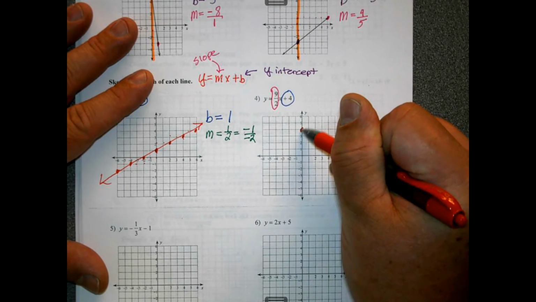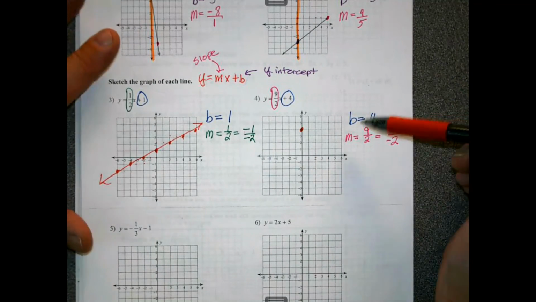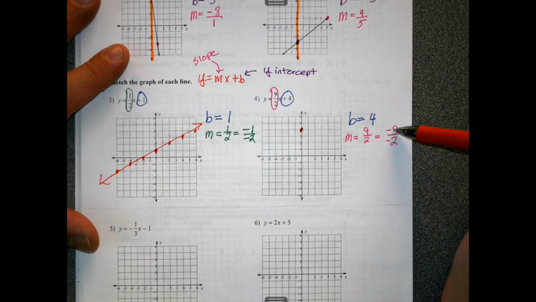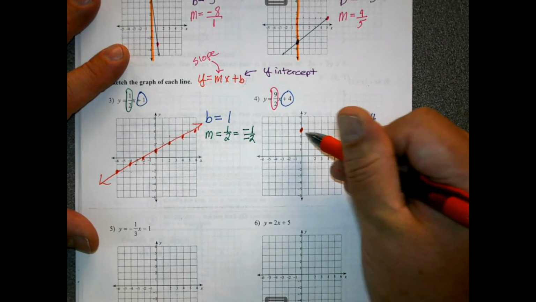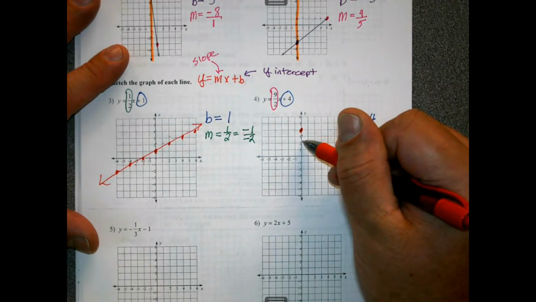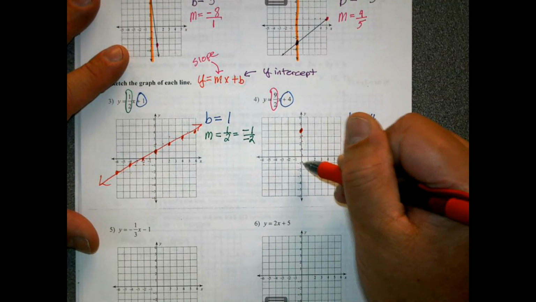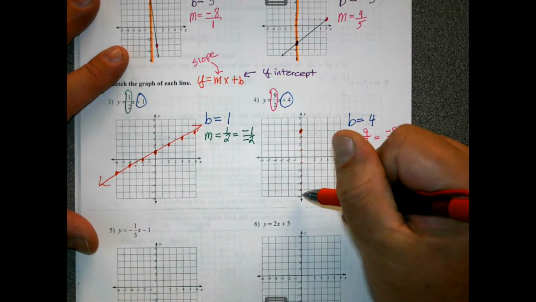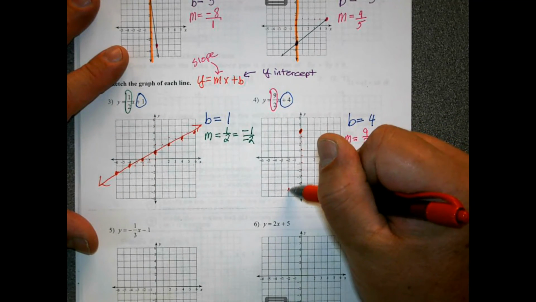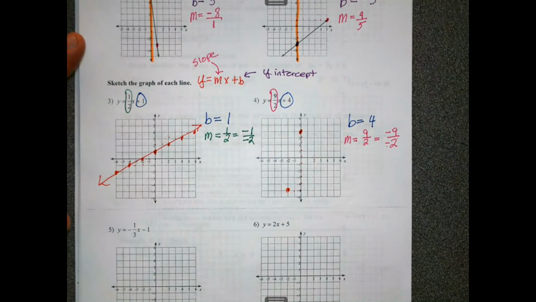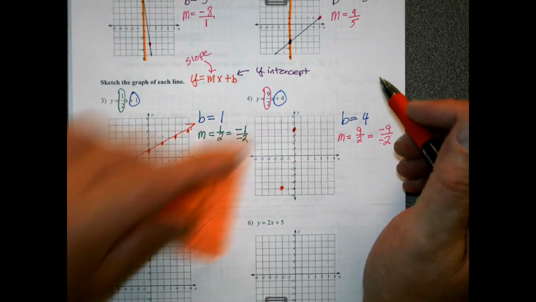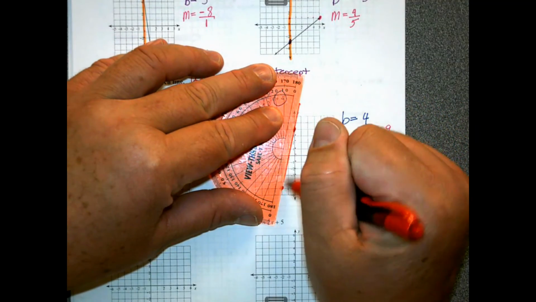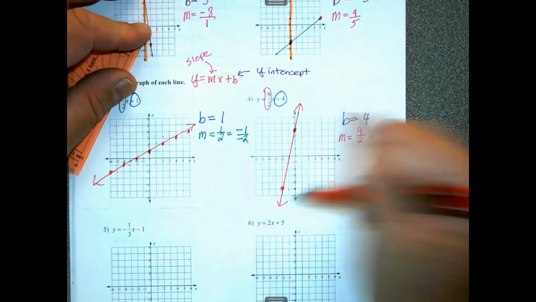Here's +4. And I'm not going to be able to go up 9, but I could go down 9. So I'm going to use this slope. Down 9, 1, 2, 3, 4, 5, 6, 7, 8, 9. And then to the left 2. So there's my 2 points. I can only get 2 points on this one. So I'm going to use a straight edge just to be neat. And there's my line.